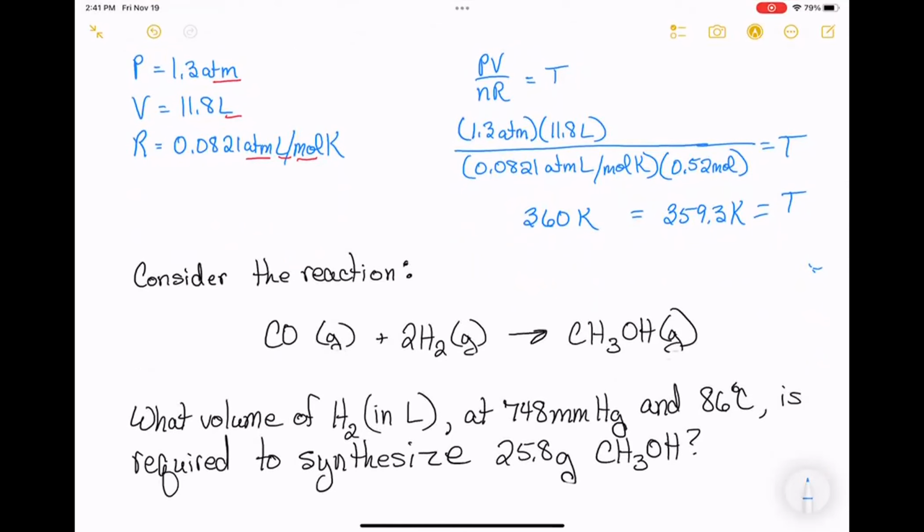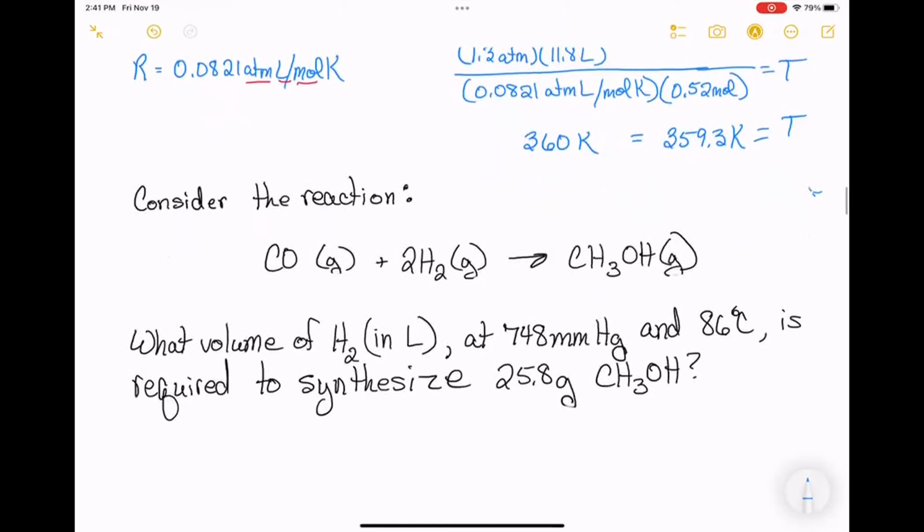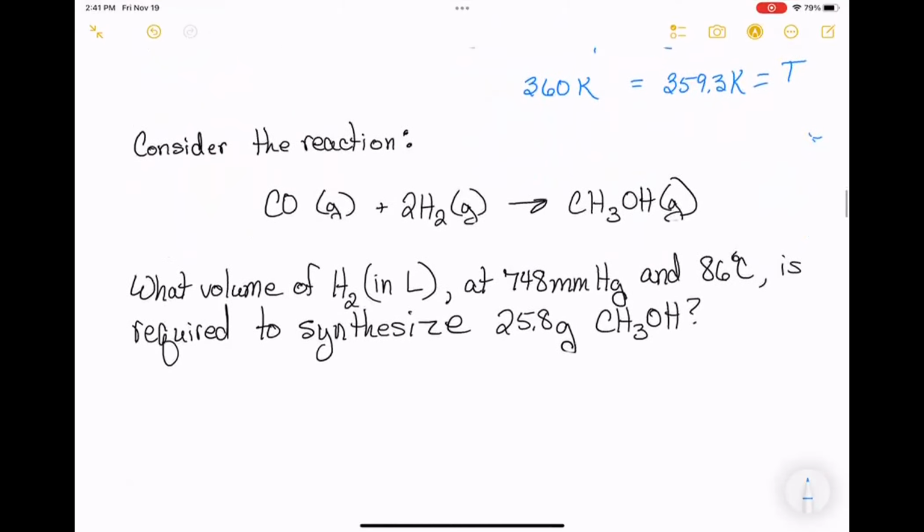Now let's look at another problem. Consider the reaction of carbon monoxide gas plus 2 hydrogen gases going to form methanol. What volume of hydrogen in liters at 748 millimeters of mercury and 86 degrees Celsius is required to synthesize 25.8 grams of methanol? So I start by making my list.